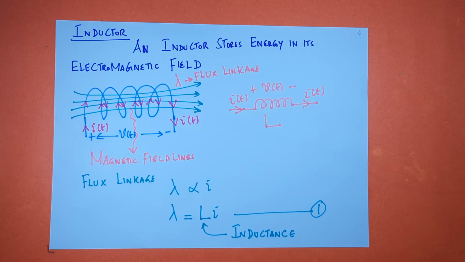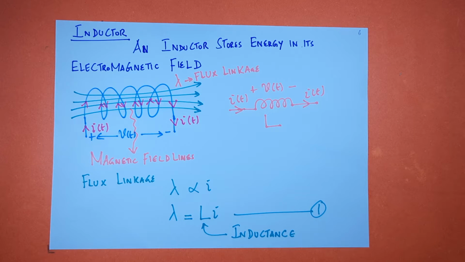So in an inductor, the flux linkage is proportional to current. Lambda is proportional to current i. That means if you increase the current through the conductor, the flux linkage will also increase.